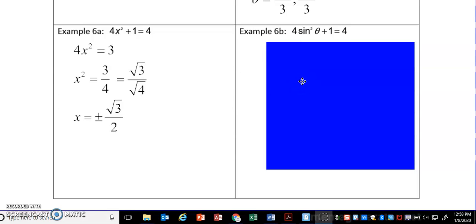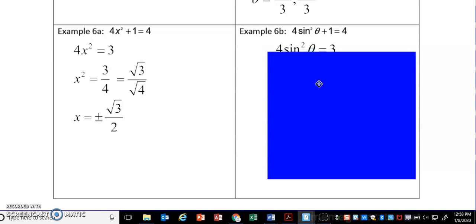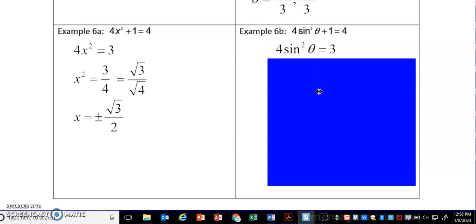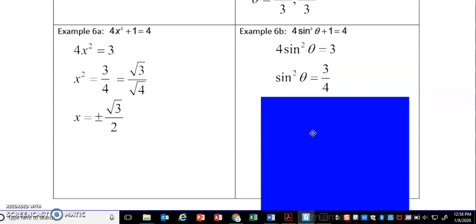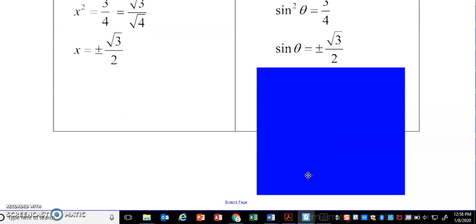So when we solve for 6b, replacing, so 4 sine squared theta is going to be equal to 3. We're going to divide by 4. And still take the square root of both sides to end up with sine theta equal to plus or minus the square root of 3 over 2.